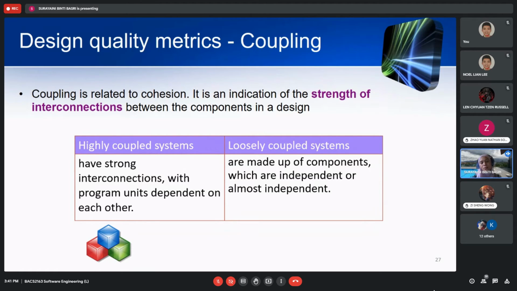You can elaborate that for a software design to be said to be a good software design, it must implement functional cohesion, and for the coupling, it must implement a loosely coupled system where each of the modules is independent of each other. Okay, so now we have covered two quality metrics, cohesion and coupling.